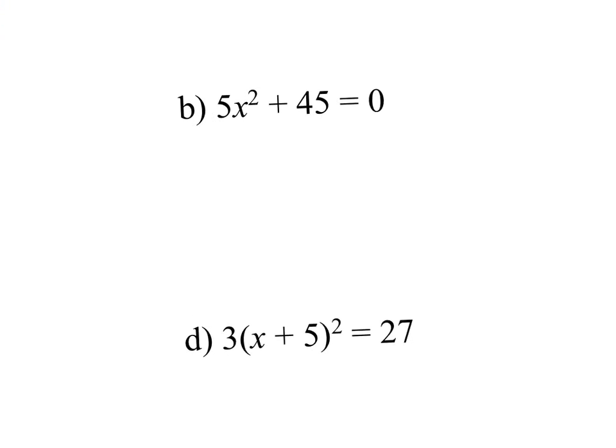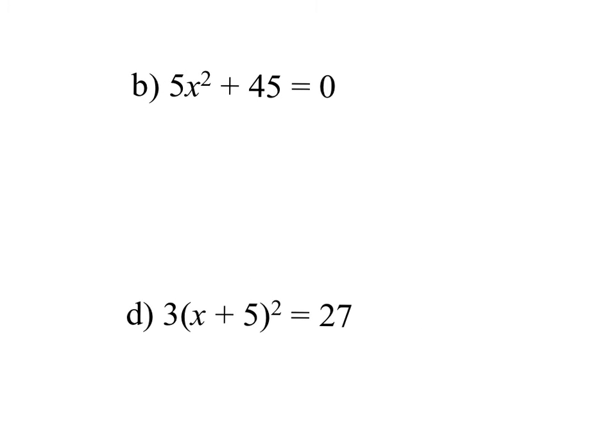This one here is a little bit different. Also, I could use a square root method here, so possibly square root method as well, where I can subtract over 45. It's easier to subtract 45 over. If I were to divide by 5 first, I would have to divide this number by 5, this number by 5, and this number by 5. Essentially, when you divide, you have to divide everything by 5.